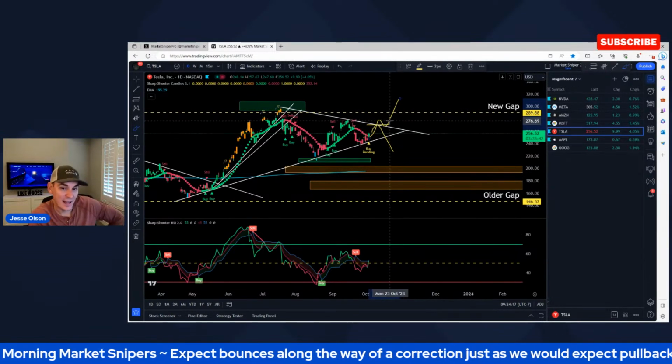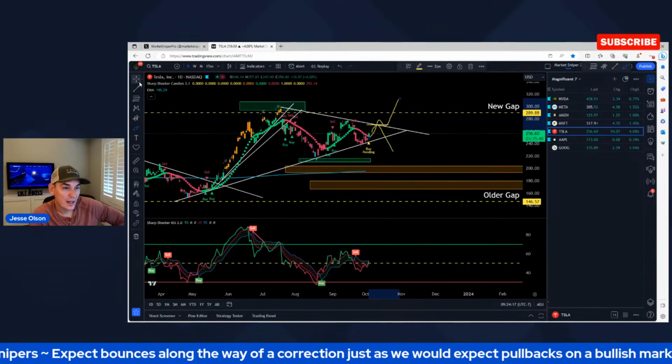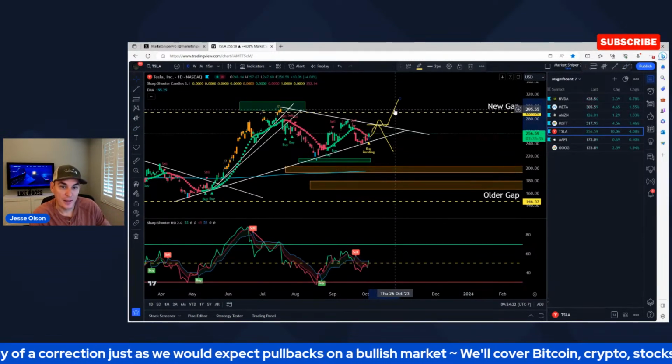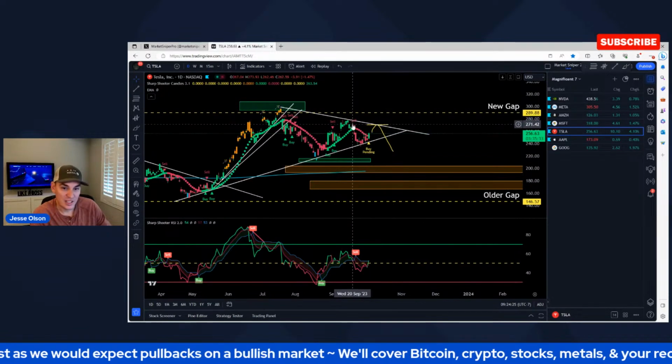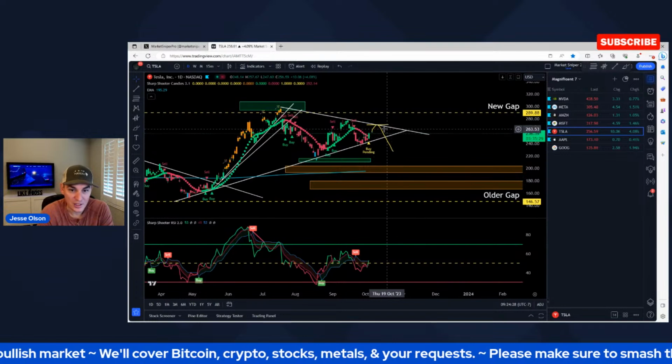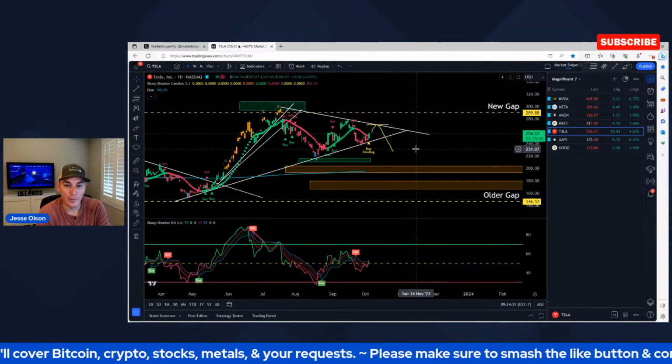I think this is less likely of a scenario because it seems like overall the weekly chart has been starting to trend downward, right? So it seems like it's going to continue to go through this consolidation and then look for a bigger move after that.